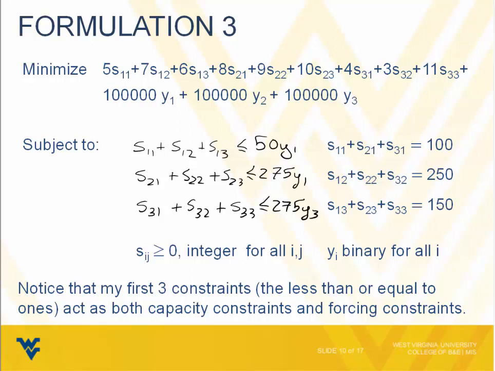So basically we have the same formulation as before. All we're doing is simply multiplying the right-hand side value by the respective yi binary variable. Because now we're saying that only if that warehouse is open can we ship out of that warehouse up to the total capacity of that warehouse.